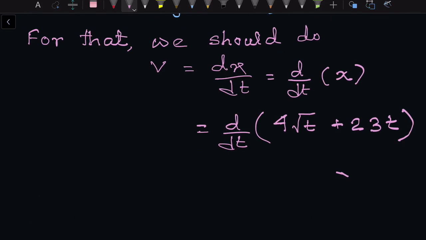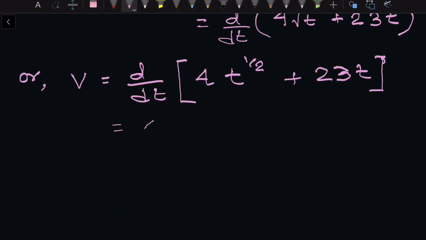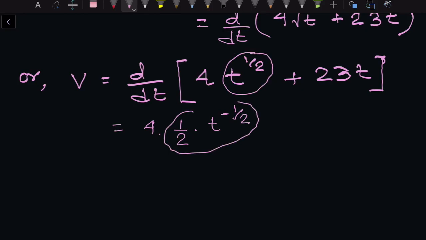Or v equals, after differentiation, see 4 root t means 4 into t to the power half, and plus 23t. You have to first arrange them like this, t to the power something, then you will differentiate it. Now it's easy, 4 into half into t to the power minus half, we did it earlier, plus 23t, differentiation of t is 1, so 23.